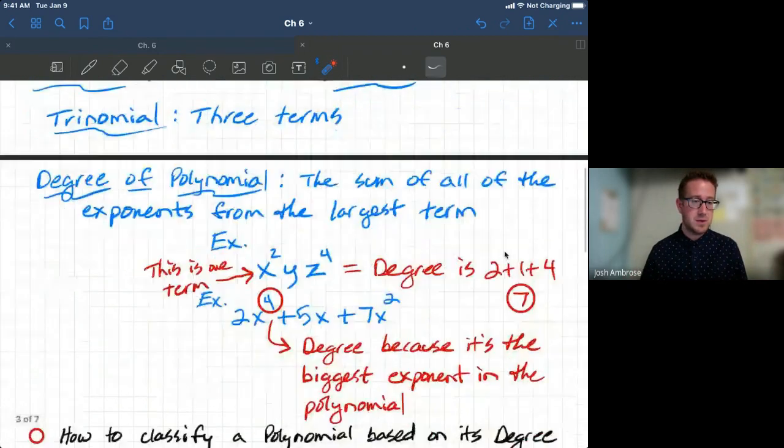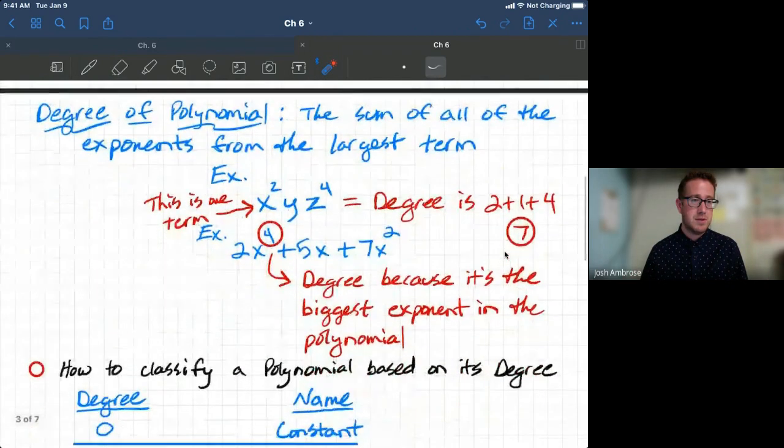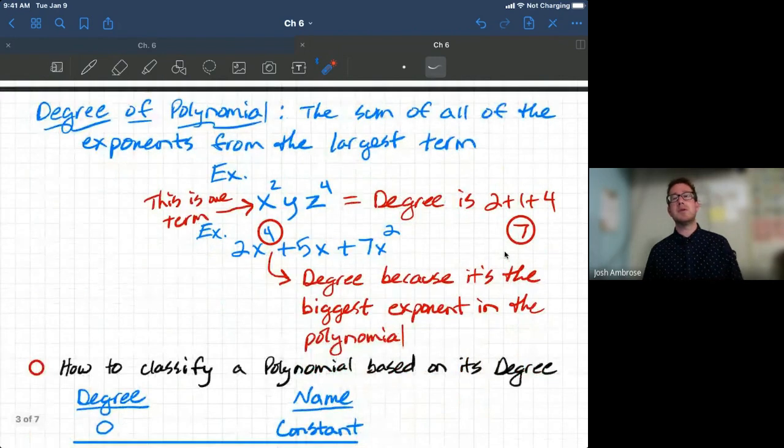The next one, the degree of a polynomial, you're going to be doing that in this section specifically. The degree is basically the sum of all the exponents, sum meaning addition. So add up all the exponents from the largest term, or if all you have is a monomial, one term, then you add up all the exponents.